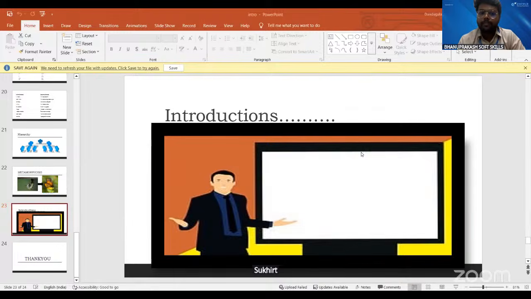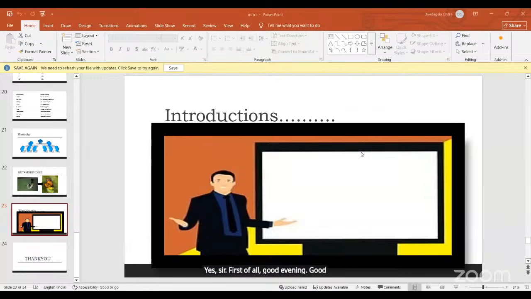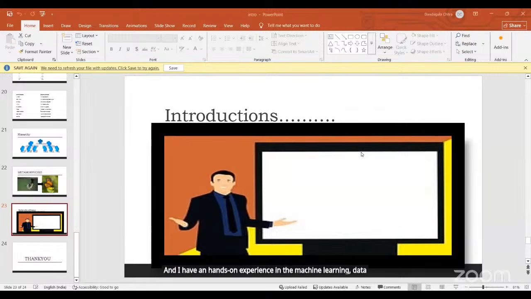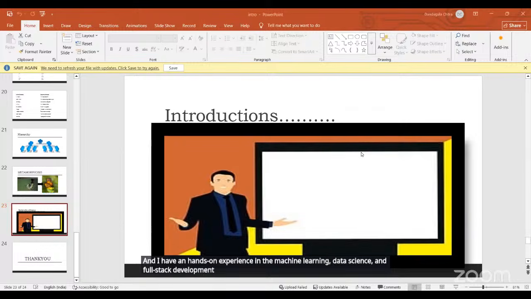Sukirtan. Yes, sir. First of all, good evening, sir, and everyone present here. Myself, Arava Sukirtan, a second year BTech student at Narayan Engineering College, with a CGPA of 9.0. I have hands-on experience in machine learning, data science, and full stack development. I have done internships at Infosys and Innovix.